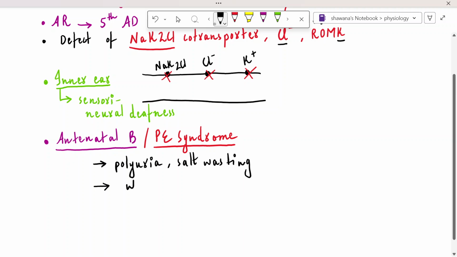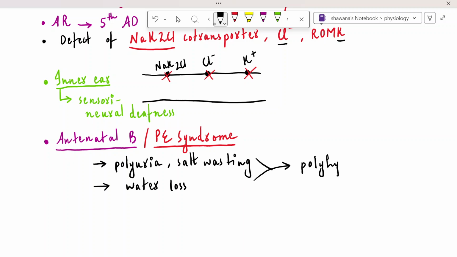And it leads to water loss as well. These conditions combine to form a very dangerous situation known as polyhydramnios.